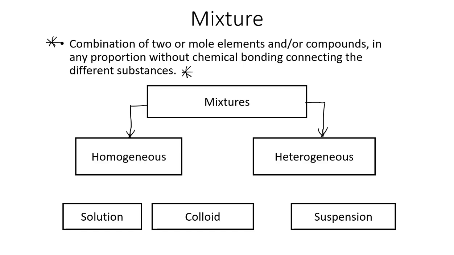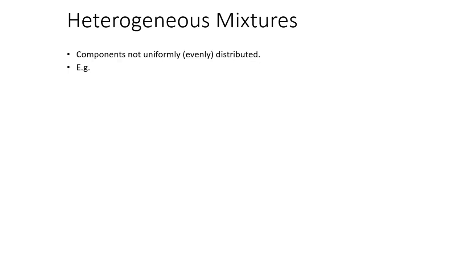Homogeneous mixtures also have two types: homogeneous mixtures that we call solutions and homogeneous mixtures that we call colloids. In terms of heterogeneous mixtures, we have suspension. And we will look further into these mixtures.